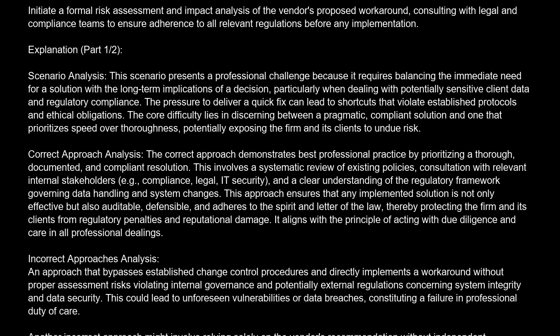Incorrect approaches analysis. An approach that bypasses established change control procedures and directly implements a workaround without proper assessment risks violating internal governance and potentially external regulations concerning system integrity and data security. This could lead to unforeseen vulnerabilities or data breaches, constituting a failure in professional duty of care.